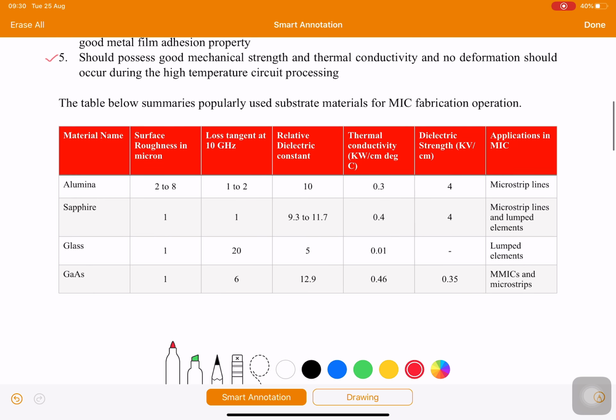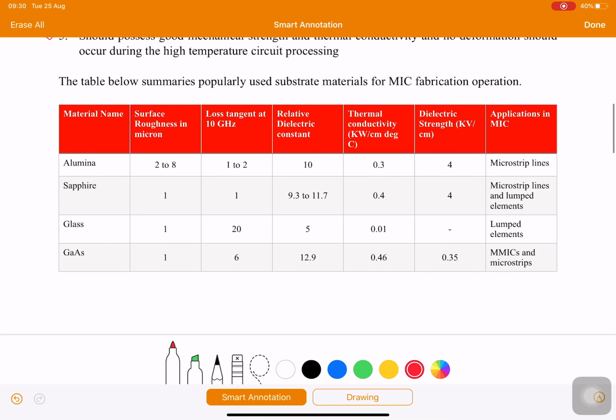Now in the table below, we are going to list some of the most commonly and popularly used substrate materials in the manufacturing of microwave integrated circuits. These materials are alumina, sapphire, glass and gallium arsenide.